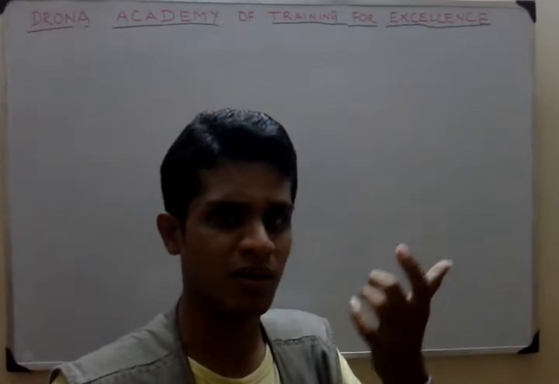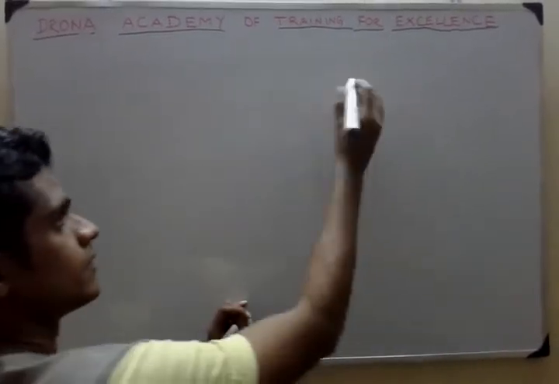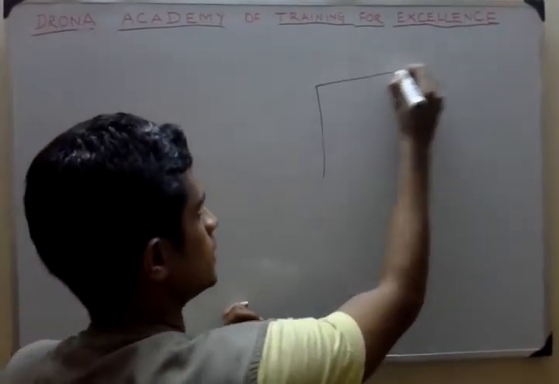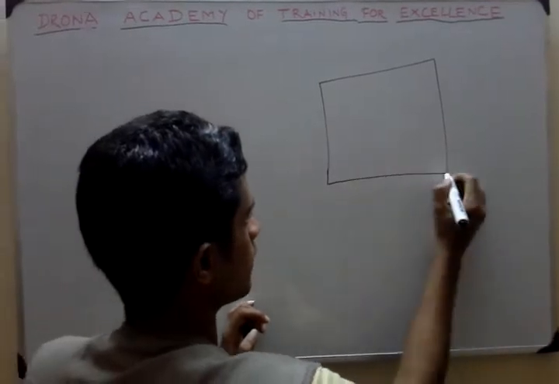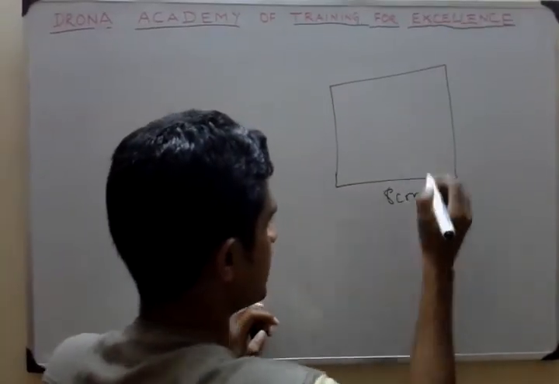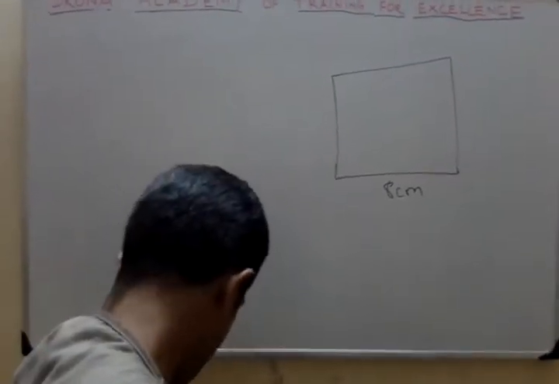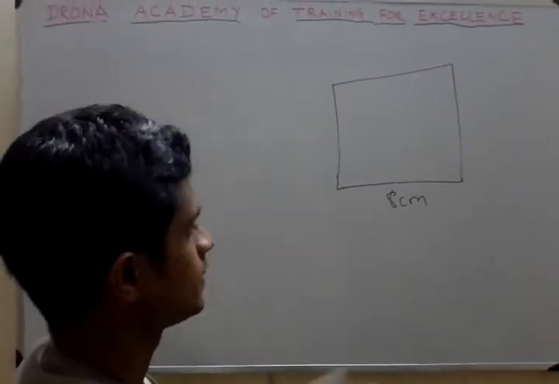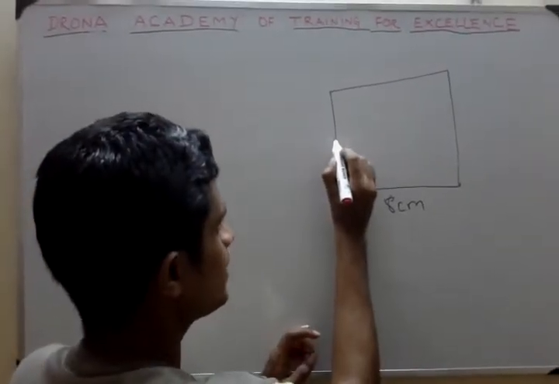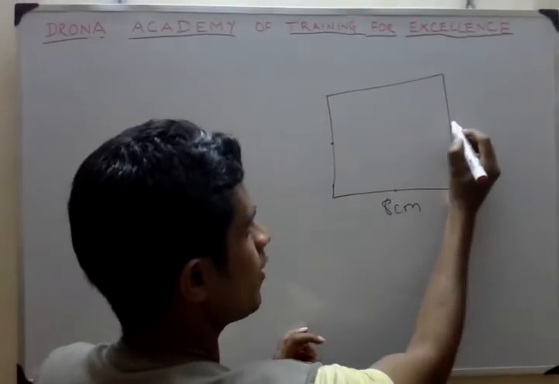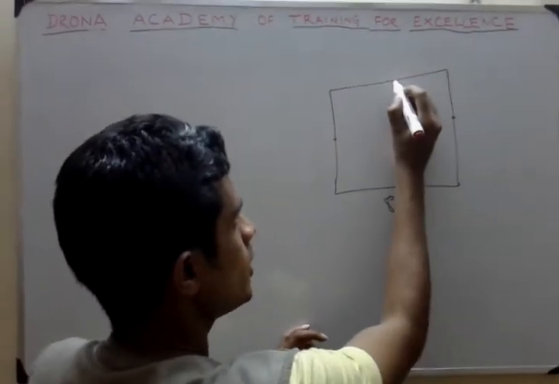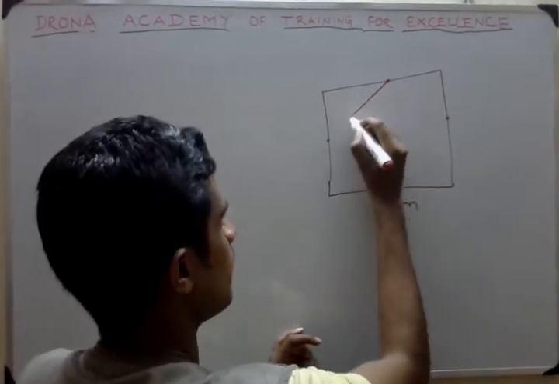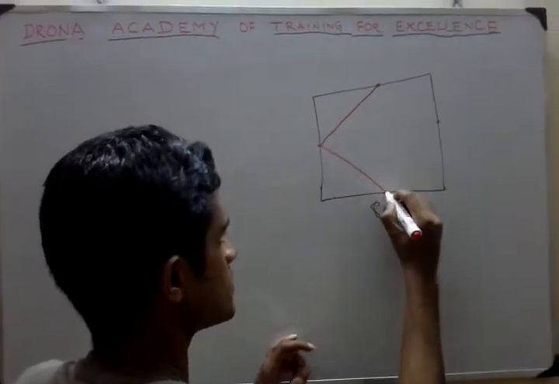Okay, let's take an example. There is a square of side 8 centimeter, and there is another square formed by joining the midpoints of the outer square like this.